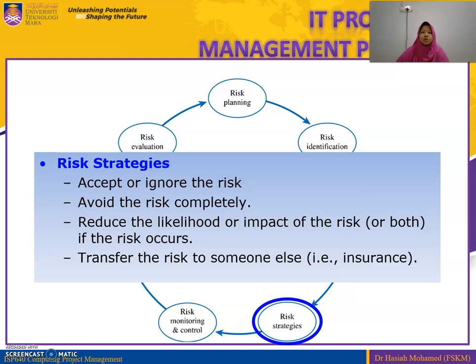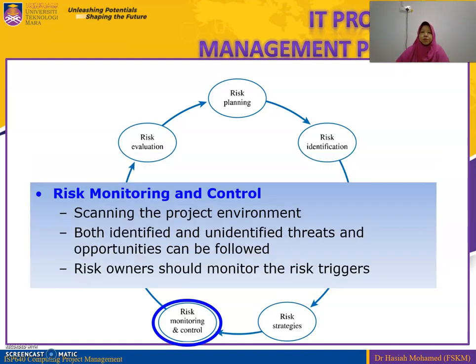Number 4, risk strategies. We need to accept or ignore the risk, completely avoid it, reduce its likelihood or impact, or transfer the risk to someone else, for example by taking insurance from an insurance company.